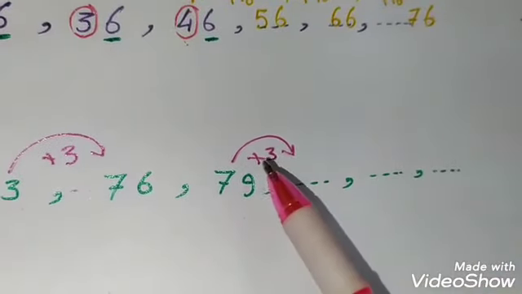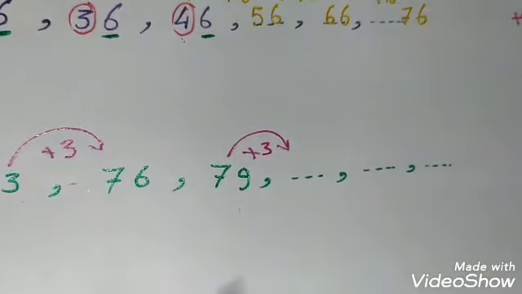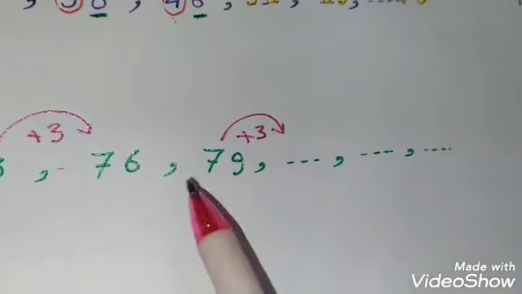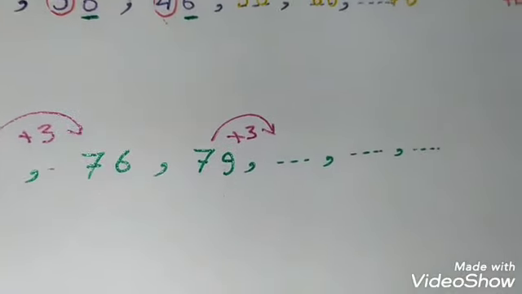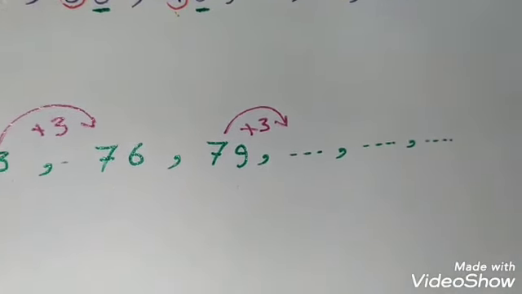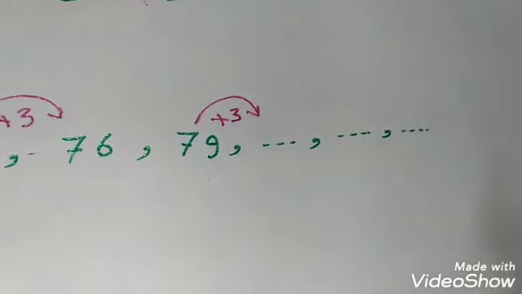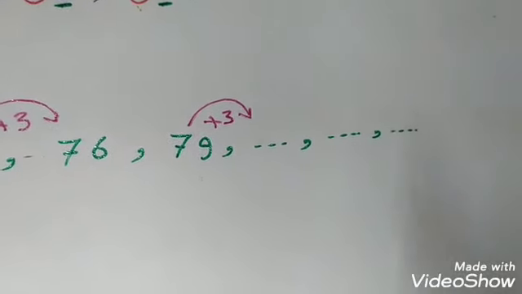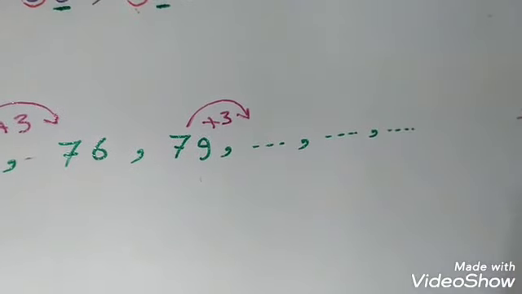If we want to add 3 to 79, you have many ways to do this addition. And the easiest way is counting on. 79 plus 3. Count on 3 steps on your fingers. After 79 is 80, 81, 82.